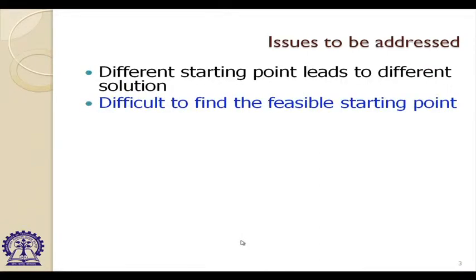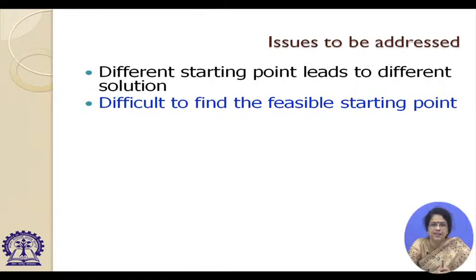As I was explaining in the last class, if we adopt a searching algorithm for a nonlinear programming problem, the initial starting point, the initial guess point, is very important for us. If the initial guess point is far from the optimal solution, then the number of iterations will be more and it will take more time to get the solution.